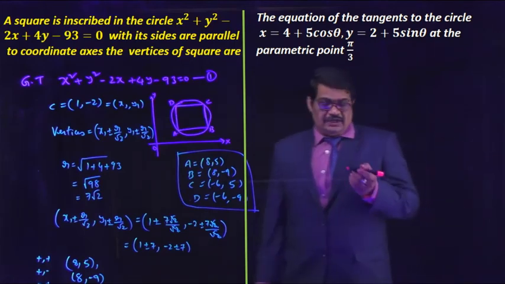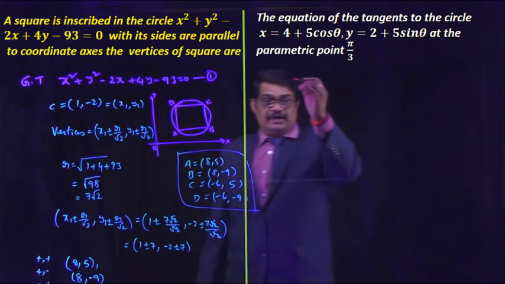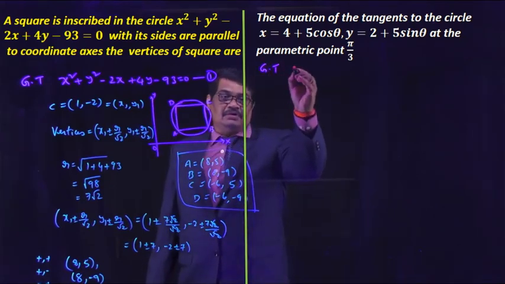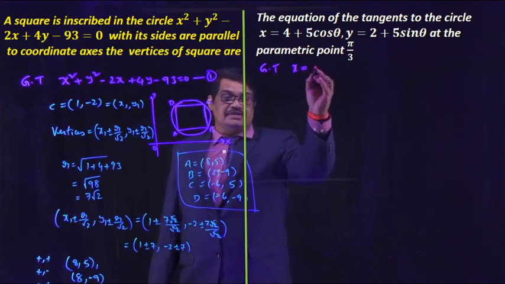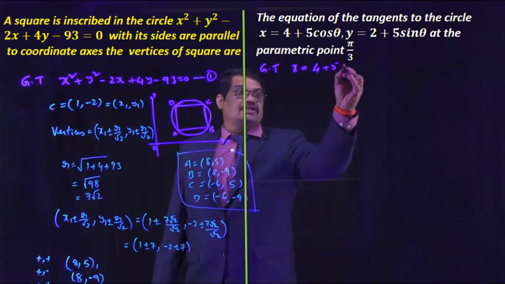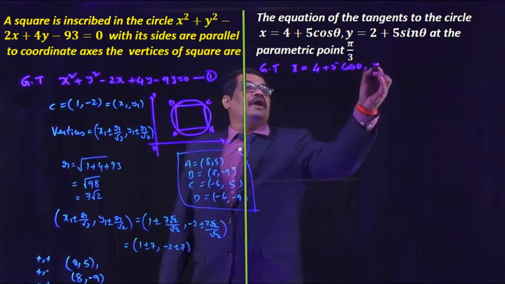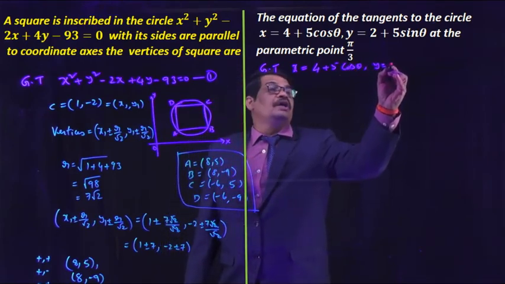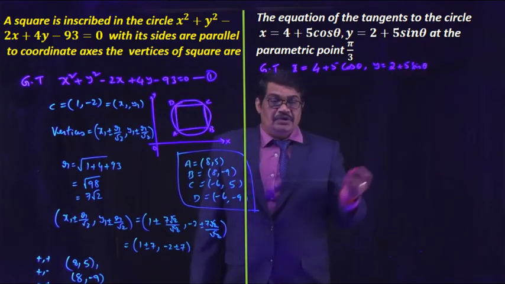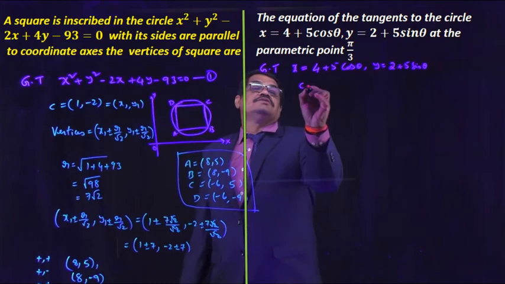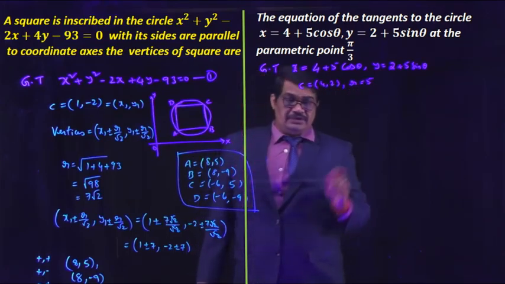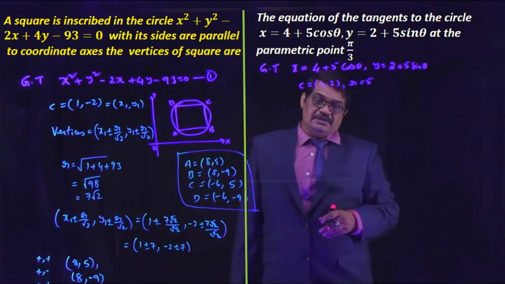Here the circle is given in parametric form: x is equal to 4 plus 5 cos theta and y is equal to 2 plus 5 sin theta. What is the center of the circle? Center is 4 comma 2 and radius is 5.